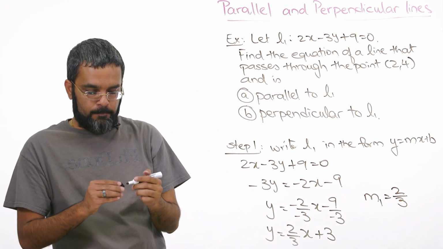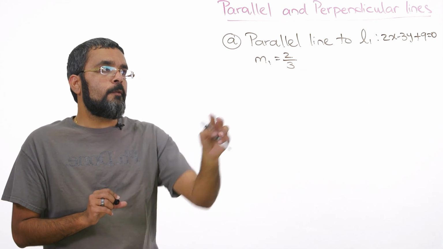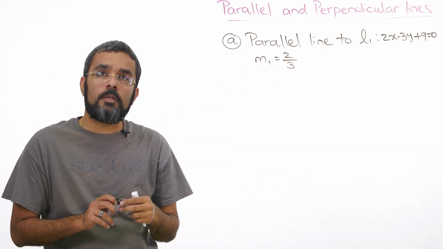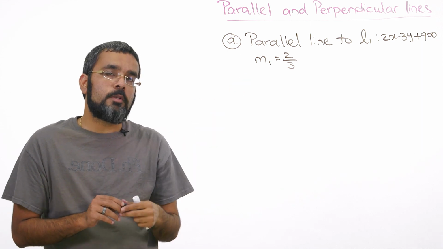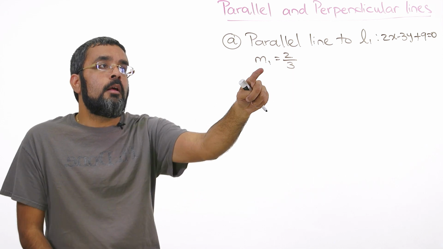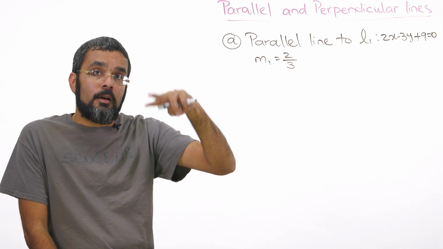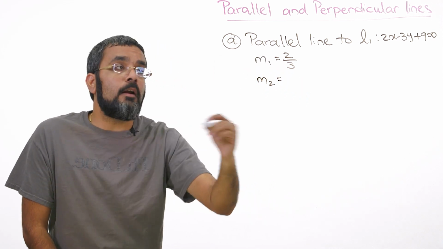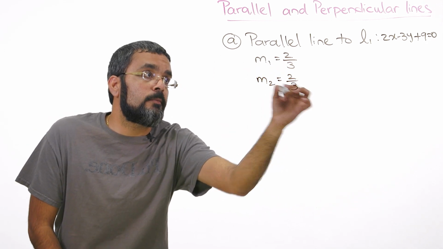2/3. So what we found so far is that the slope of the line L1, or 2x minus 3y plus 9 equal to 0, is given by M1, which is 2/3. So if I want to find a parallel line, if you recall, two parallel lines have the same slope. So in this case, M2, or the slope of the parallel line, would also have to be 2/3.